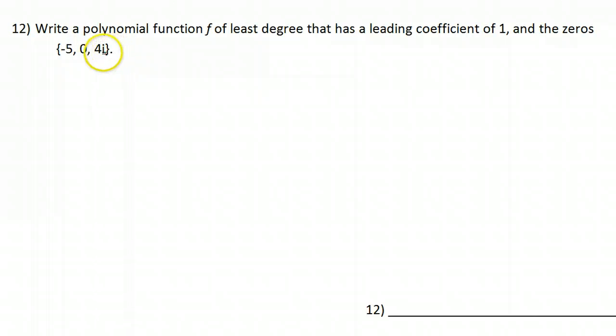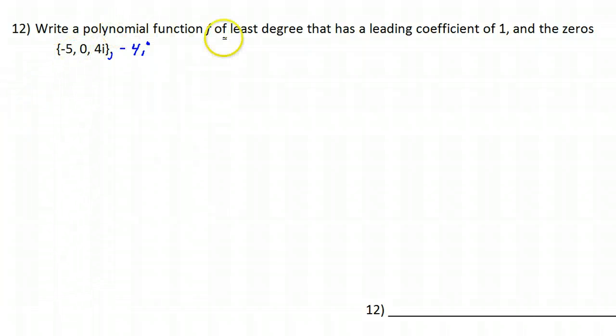First thing you have to remember is that imaginary zeros always occur in plus minus pairs. So I see this 4i, so I automatically know that there is also a minus 4i that's included in the group. So just add it on because you know it's there.